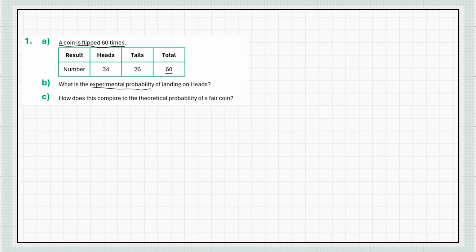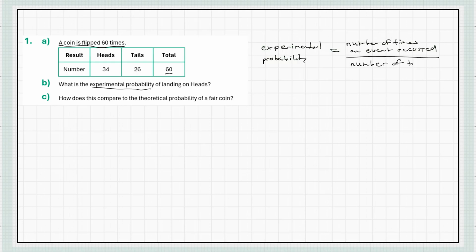So, when we talk about experimental probability, we would say that experimental probability is equal to the number of times an event occurred divided by the number of trials.